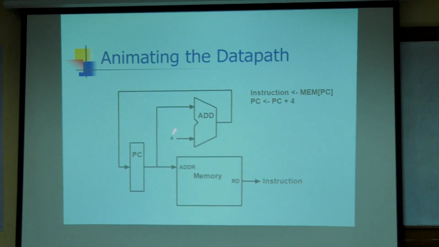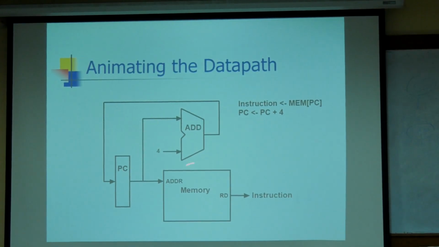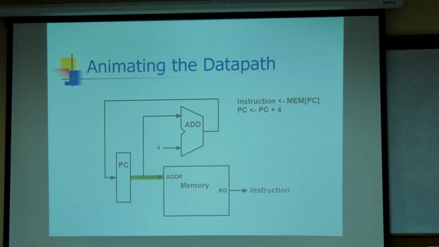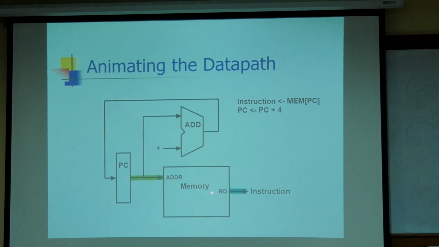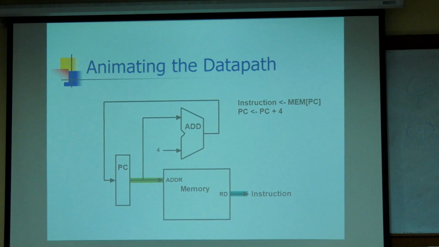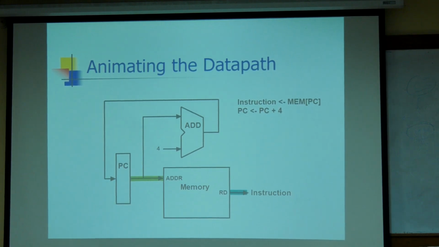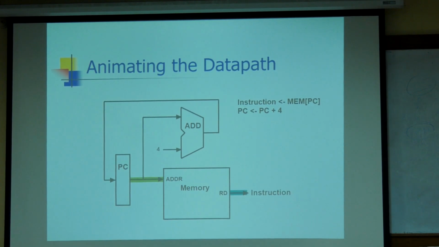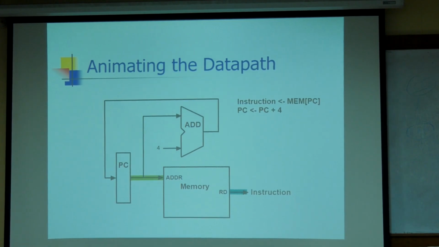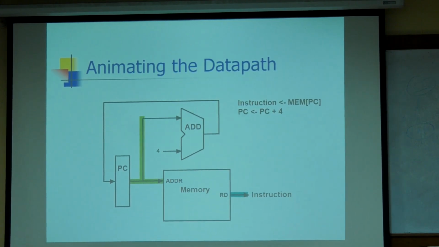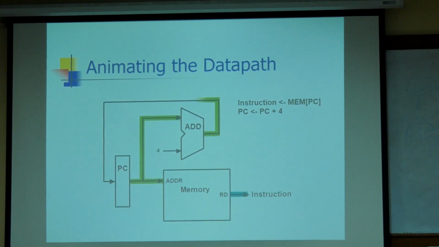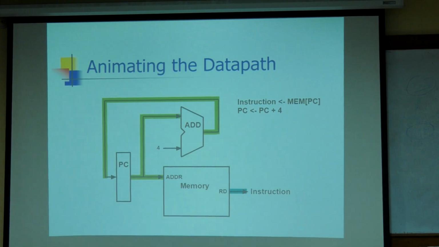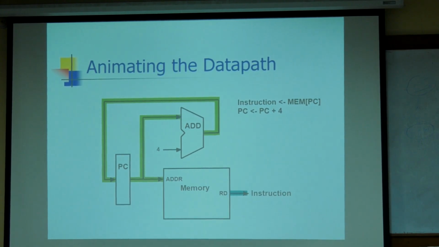The first PC value indicates the address of the memory, the 0th location. Then PC will be updated with the next instruction address. It takes the current address, adds 4, and the updated value is stored in the PC again. PC equals PC plus 4 is implemented.